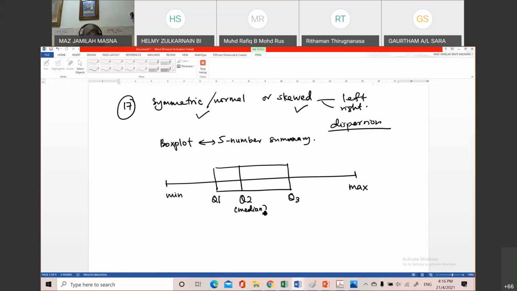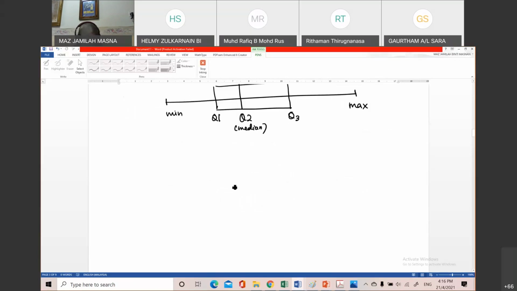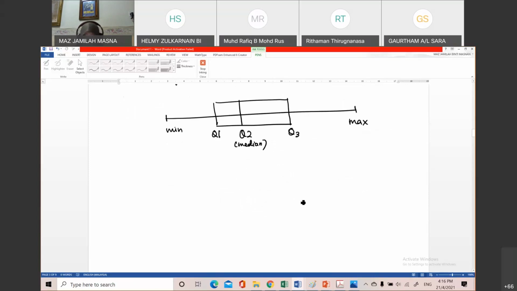How can a box plot help you in terms of giving you a hint of the distribution of your data? Let me draw the next box plot so that you can easily conclude on each of the box plots.